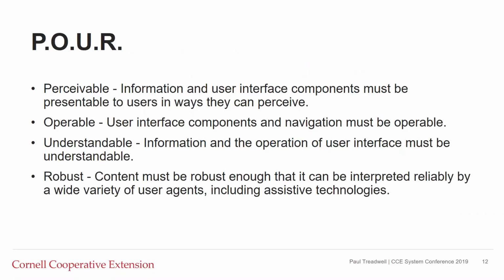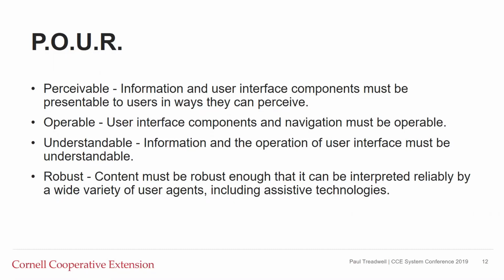When you think about perception, how do you present content that is accessible to someone who is visually impaired? Operable: user interface components and navigation must be operable. Again, if you are blind or visually disabled, or if you have motor restrictions, how do we make interfaces that are operable, navigable, and usable by folks like that?